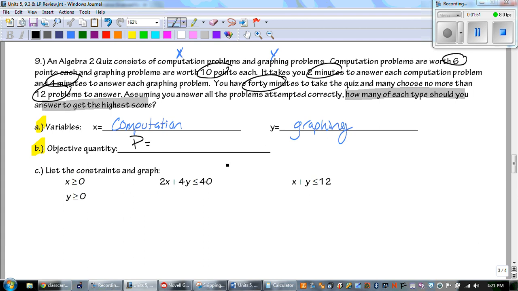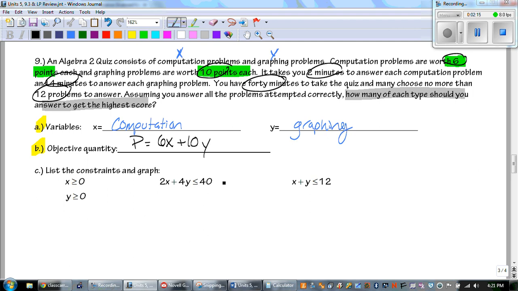We're going to be looking at the different points, and the points we're talking about are the 6 points and the 10 points. It's 6 points for the computation, and then 10 points for your graphing. So that's where they get the 6x plus 10y.